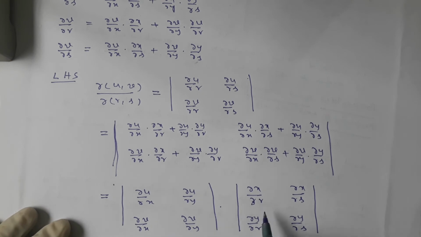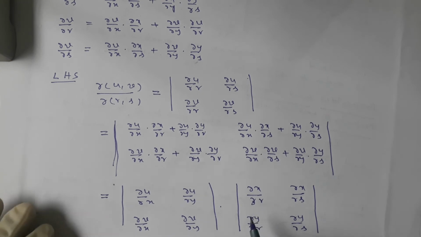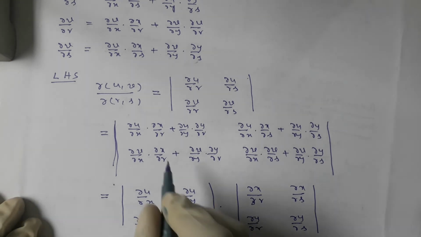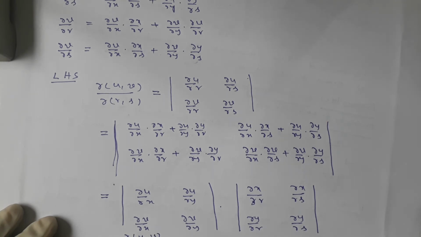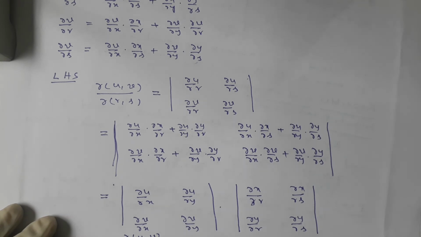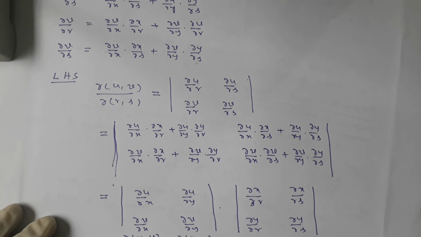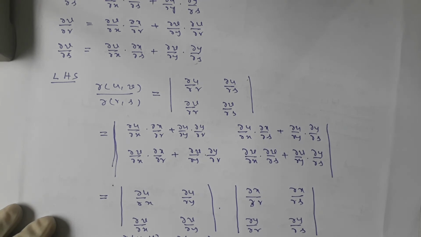If you multiply these two determinants, as you know the product of determinants, you get the previous step. This is equal to ∂(u,v)/∂(x,y) into ∂(x,y)/∂(r,s), which is the RHS.